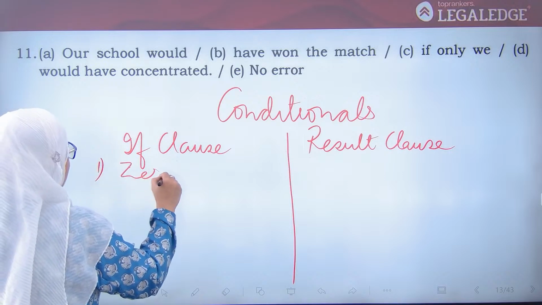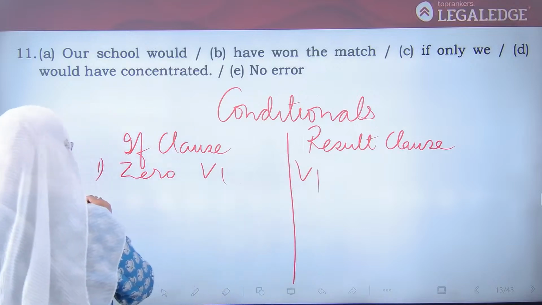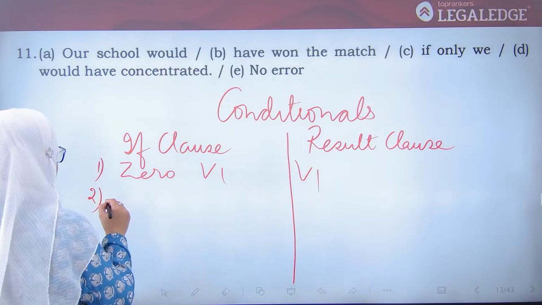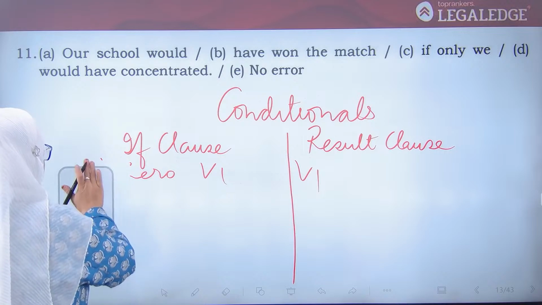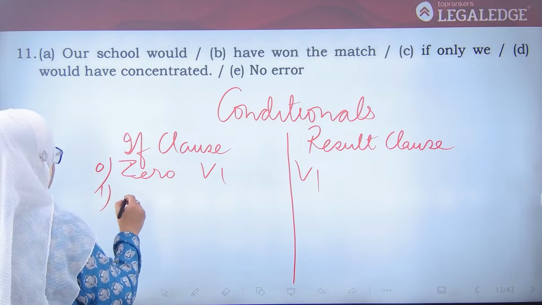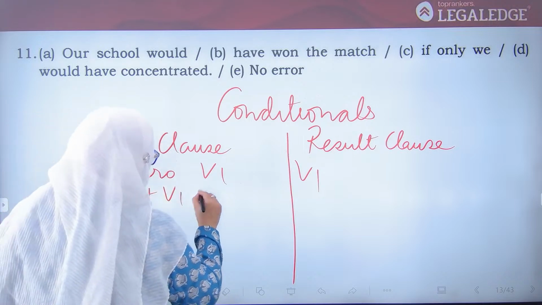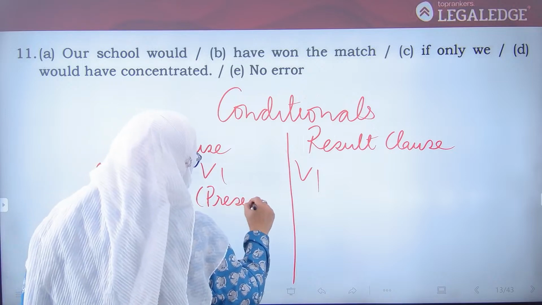One is zero condition. In zero condition, the first form of the verb comes on both sides. Then we have first condition: if with the first form of the verb. This is a present or realistic condition.